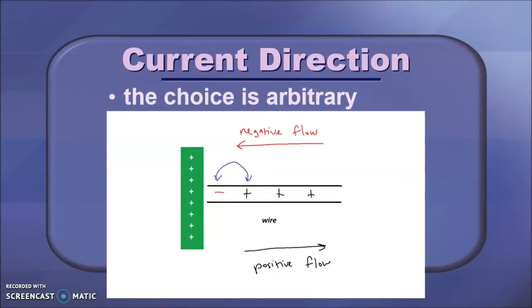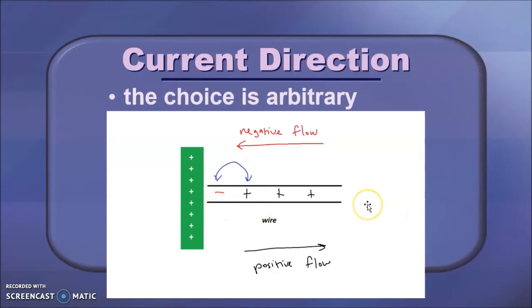If you're paying attention to the negative charges, you would say it is flowing toward the positive side, because we just saw the journey of the negative charge move down the line, getting closer to the positive charge. But you could also pay attention to the positive charges, and they tend to flow to the opposite side.